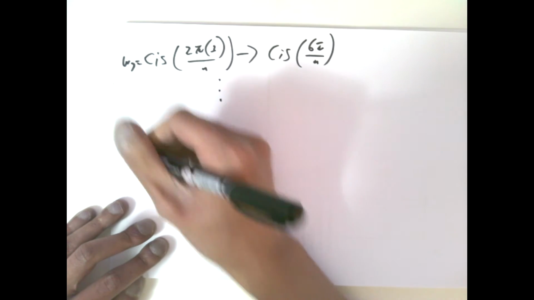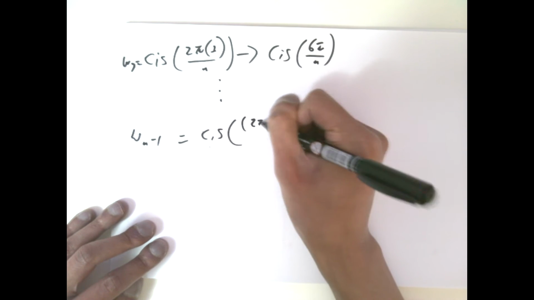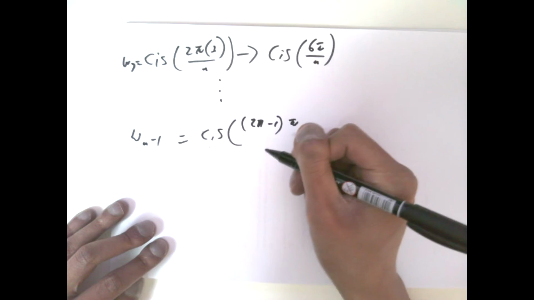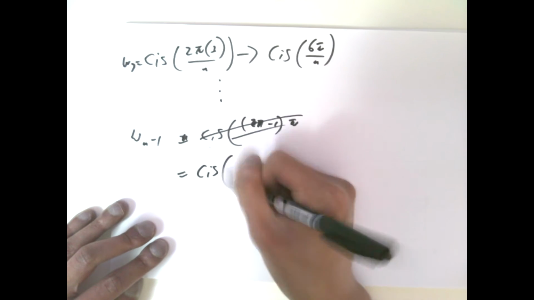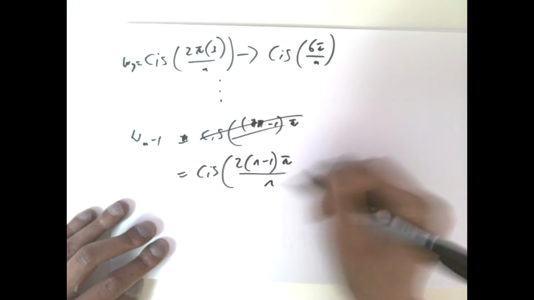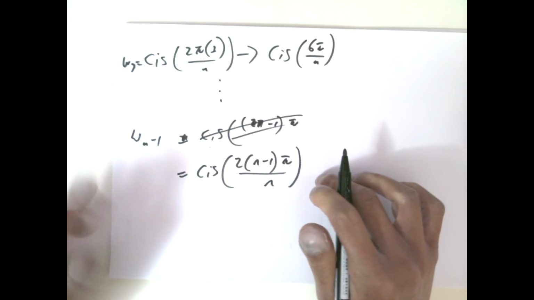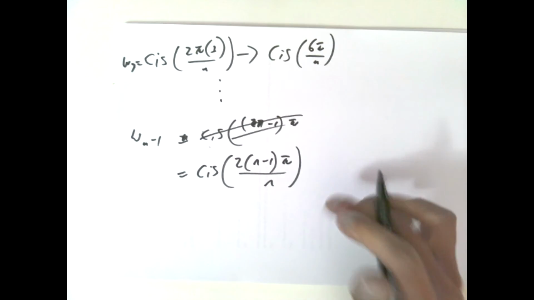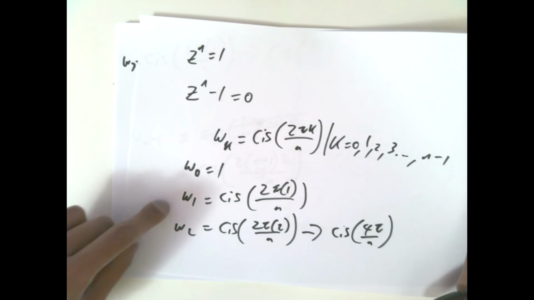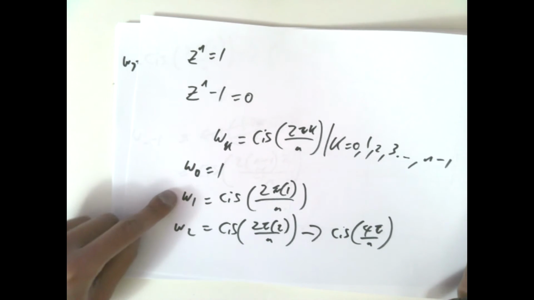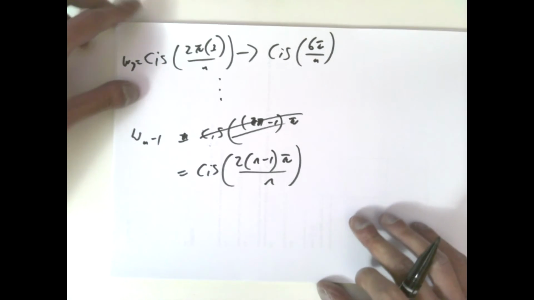And if we keep going, but what is the relationship between omega n minus 1 and the first complex root, omega 1 instead, not omega 0, omega 1? Let's expand this.